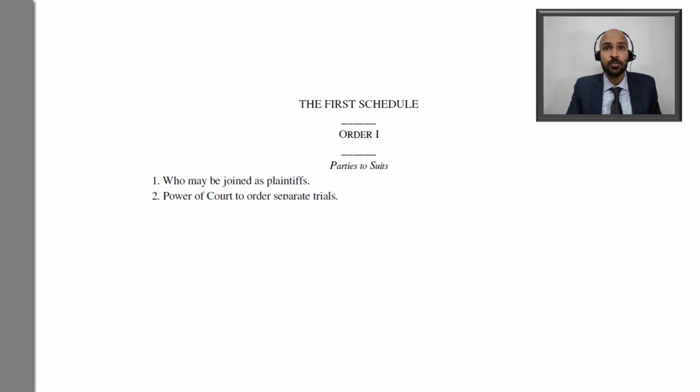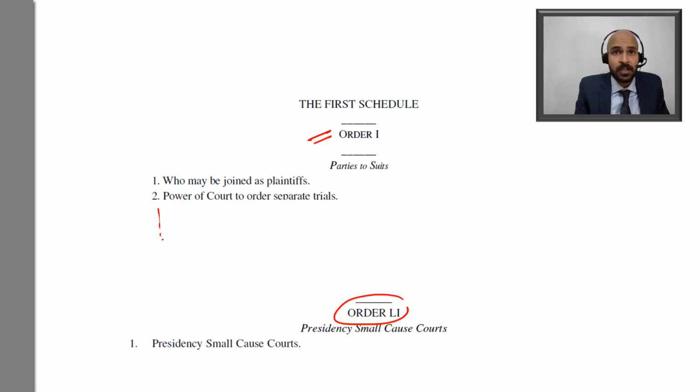Now, the Act does not end at these 158 sections. At the end of the 158 sections, you have a schedule, the first schedule, which has something called Order 1. Within each order there are many rules, and you have 51 such orders, and within each order you have a certain number of rules.